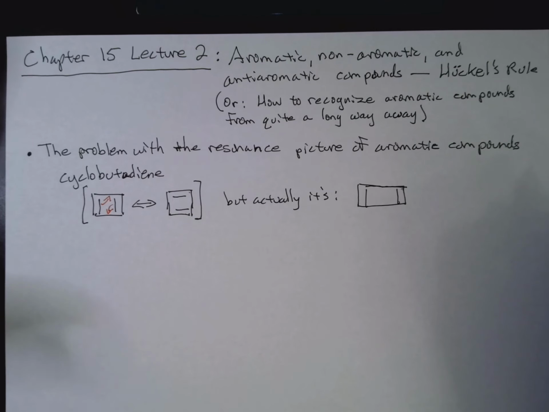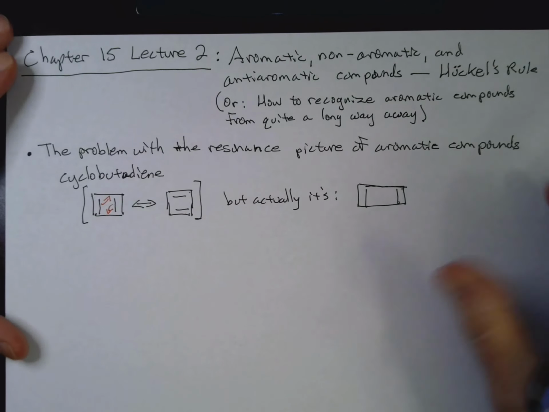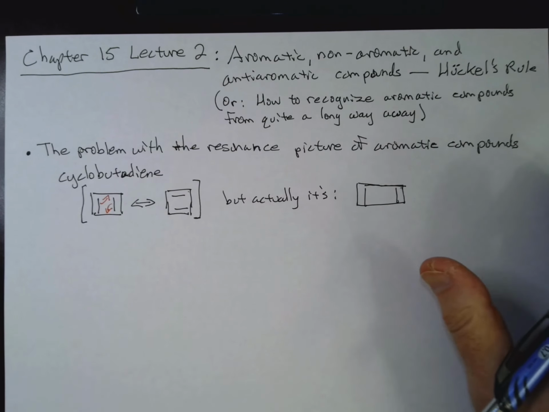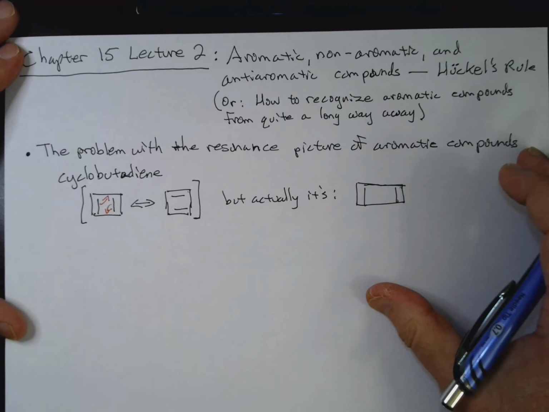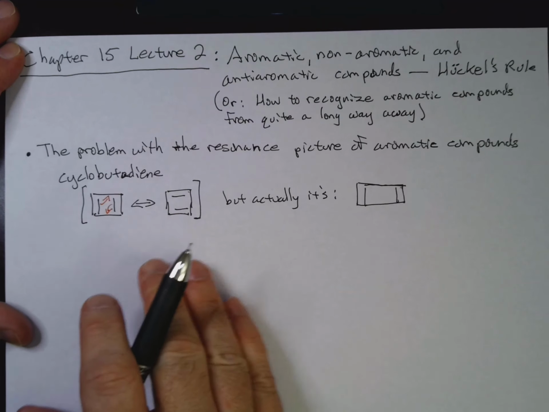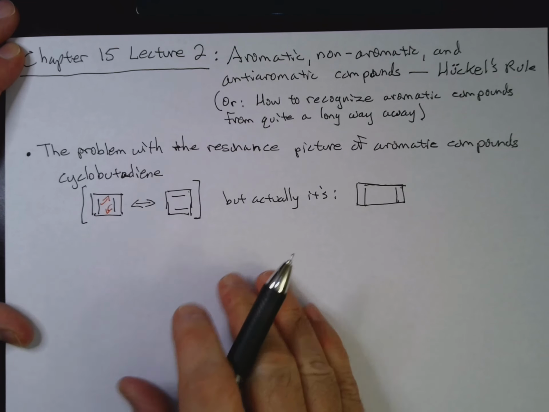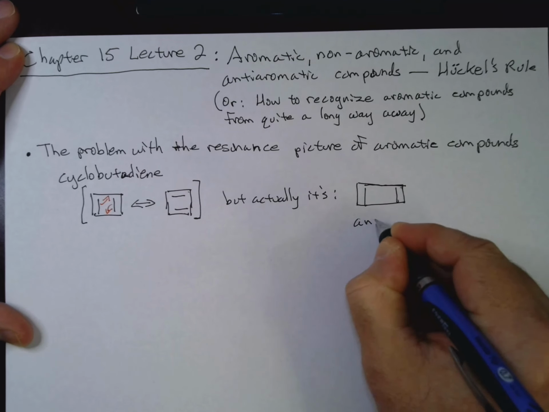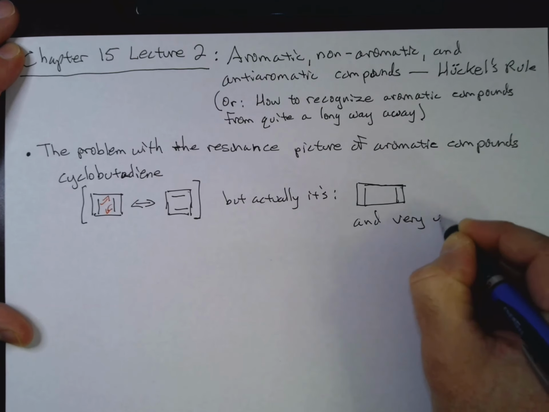I didn't mention that last time, but usually I mention early on when I'm talking about pi systems. Cyclobutadiene is also very unstable.